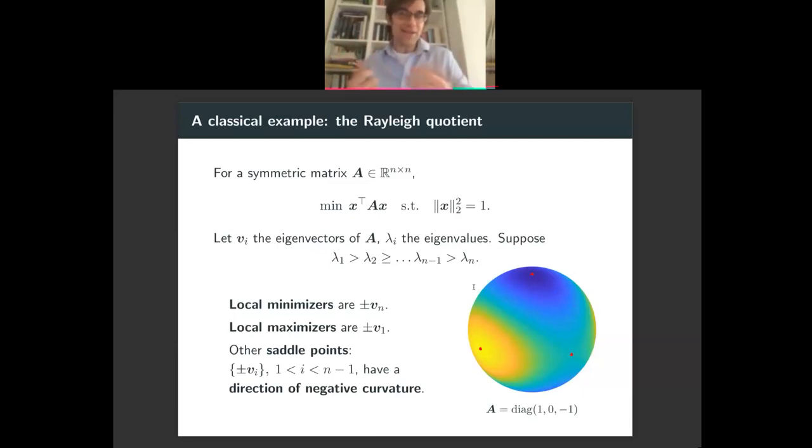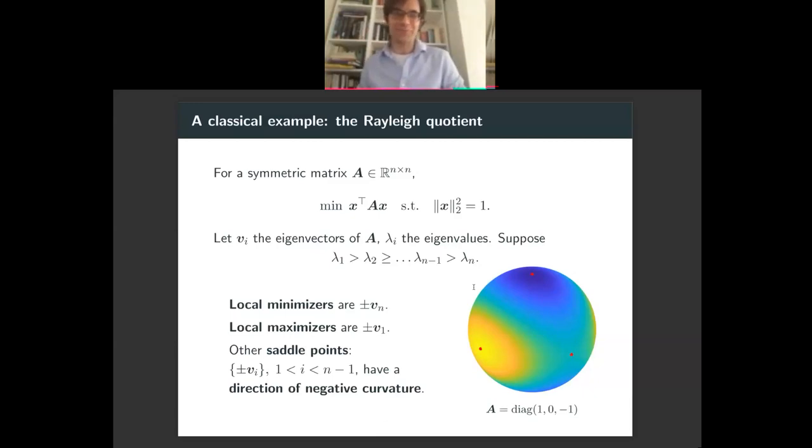And that's the problem of minimizing a quadratic form over the sphere. Right? And this is non-convex, even if the matrix A is semi-definite, because the constraint is non-convex. The reason that this problem is important, of course, is because the critical points of this problem are eigenvectors, right?